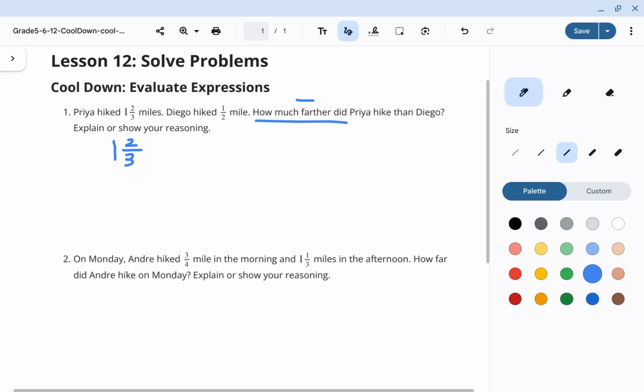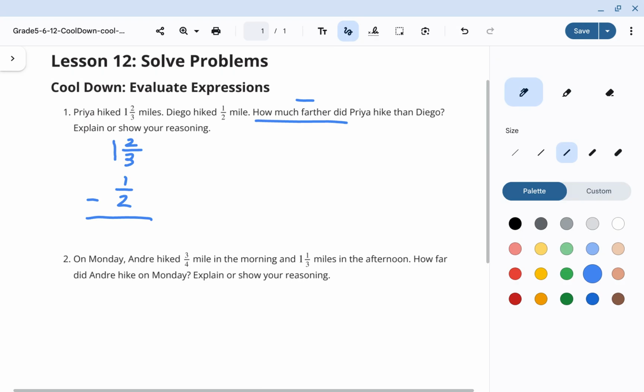Priya hiked 1 2/3 miles. Diego hiked 1/2 of a mile. We are going to subtract. I noticed that this is an all kinds of denominator type of question because I cannot make 2/3 have an equivalent form with a denominator of 2, and I cannot make 1/2 have an equivalent form with a denominator of 3.